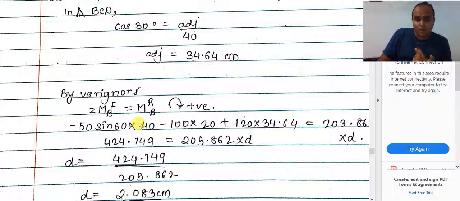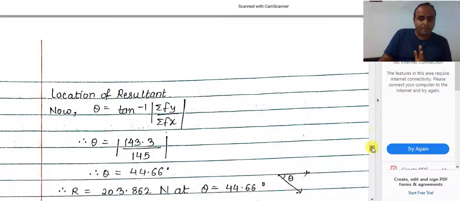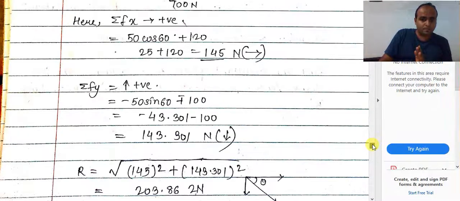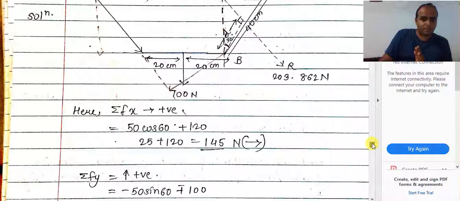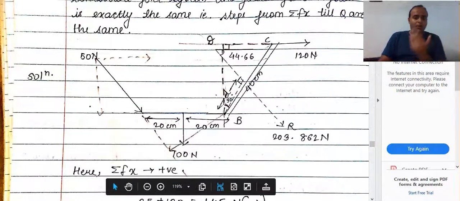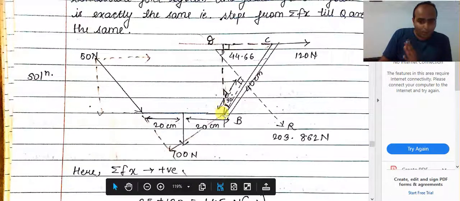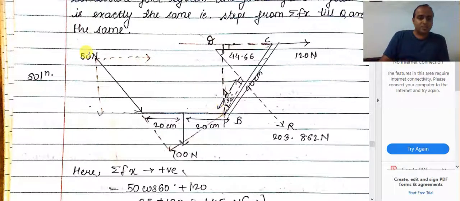Just let me go to the diagram and frame this calculation so that you will be able to better understand. Okay, so now you try to do it along with me. I am sitting at point B, applying summation of moments of forces about B. This is the first force, and we will be going from left to right. 50 sine 60.